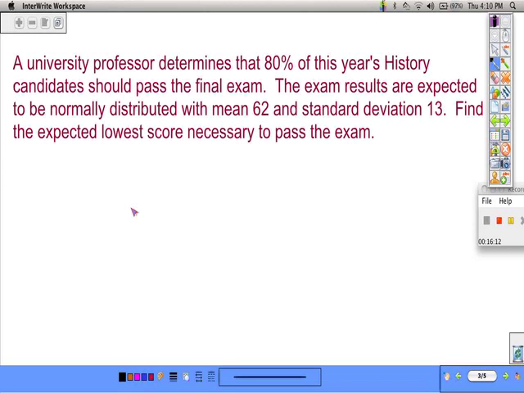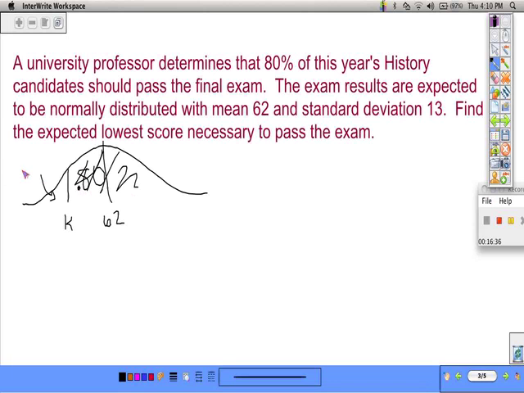So we have 80% should pass. We're expected to have this mean and this standard deviation in a normal distribution. What that means is we want to know what score is right here so that this whole area is 0.8, which means our tail over here is going to be 0.2. And that's the probability I can look up in our table.